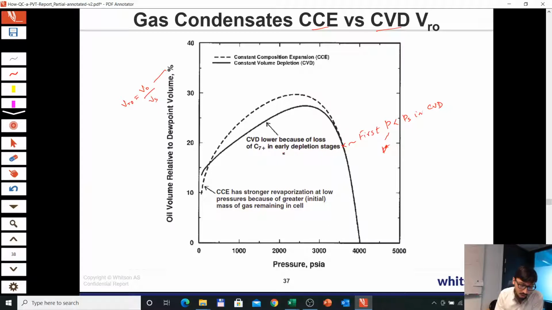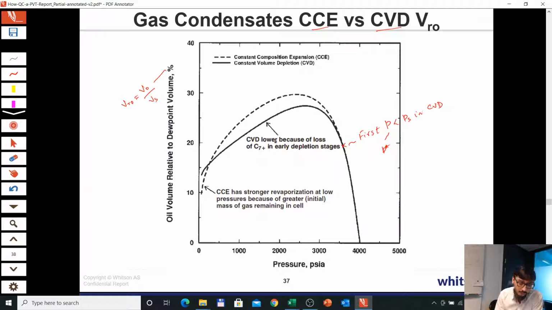And the reason is mentioned here in this figure from the SPE monograph. The reason why the CVD VRO is lower is that in a CVD experiment we are removing the equilibrium gas phase.